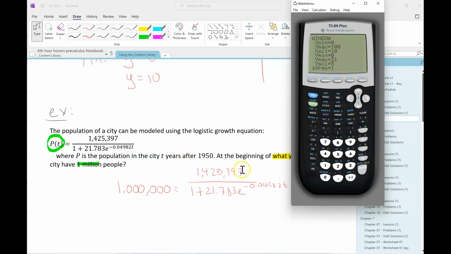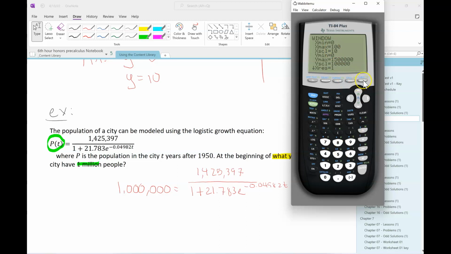Since this is a logistic growth, I know the minimum or the lower bound is at y equals 0. And the upper bound is at 1,425,397. I'm just going to type that as 1.5 million. And go by 100,000s.